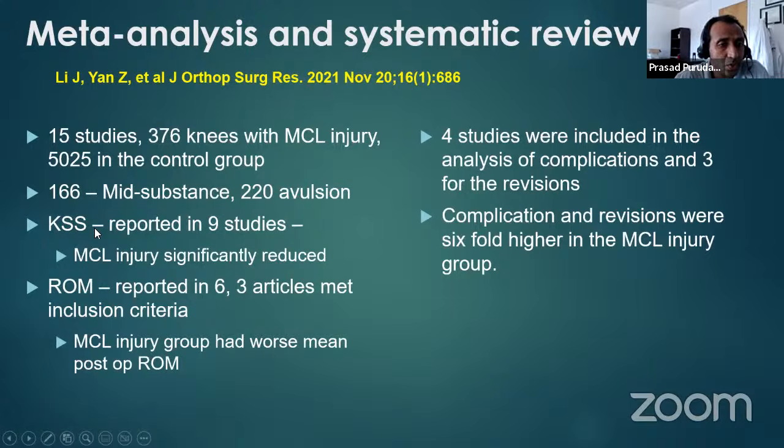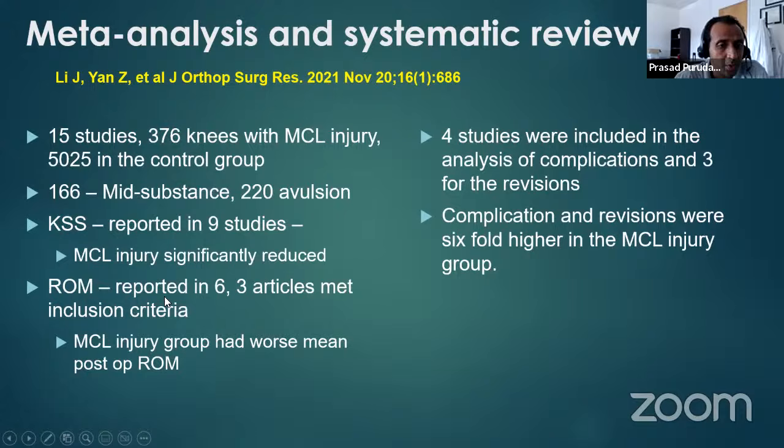Knee Society score was reported in 9 studies, and after the data analysis, they found that patients with MCL injury had significantly reduced Knee Society scores compared to the intact MCL group.